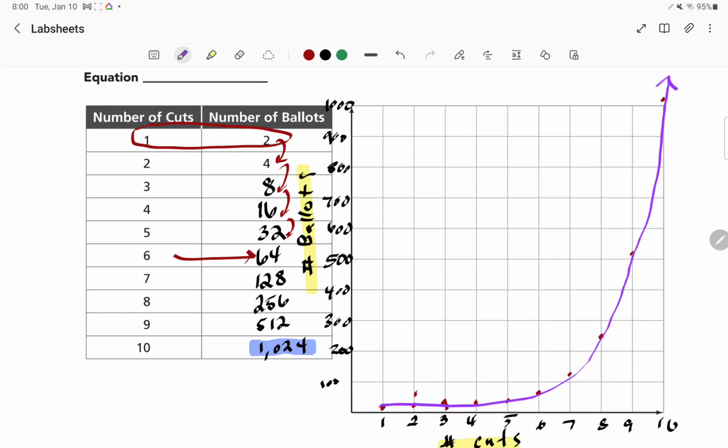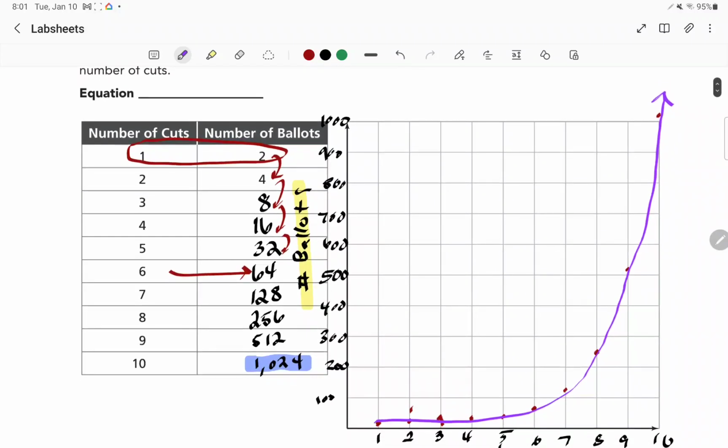So in number 3, is this relationship linear? Absolutely not. It is not linear. Okay, and that's because those points are not in a straight line. So it's not linear. And we're going to get to this, but this is actually an exponential.